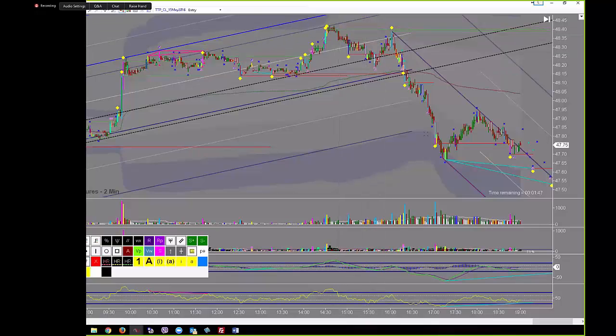This would be your wave 3, and then your wave 4. So what I've basically done is drawn from point 2 to wave 4, giving me a possible target into the future down here. But I'm not really in love with that slope, to be honest.